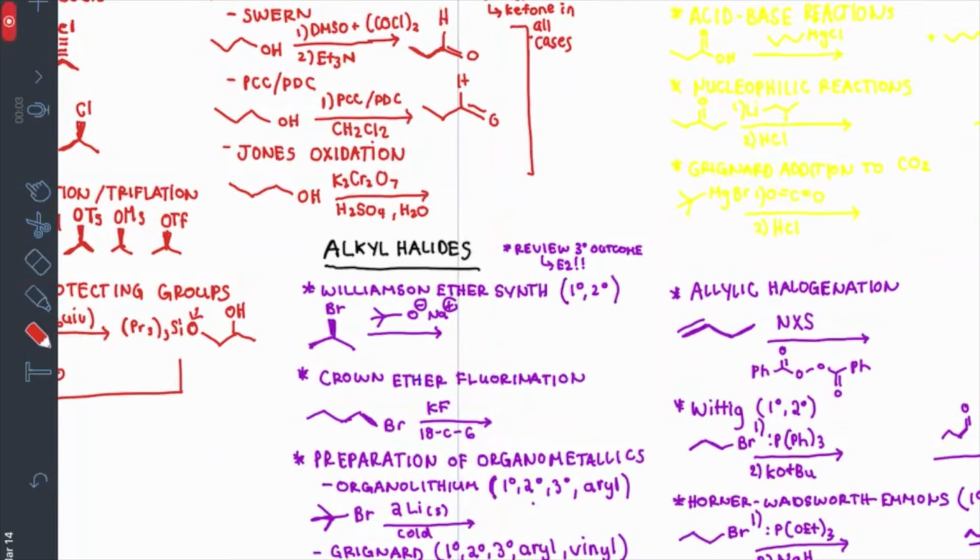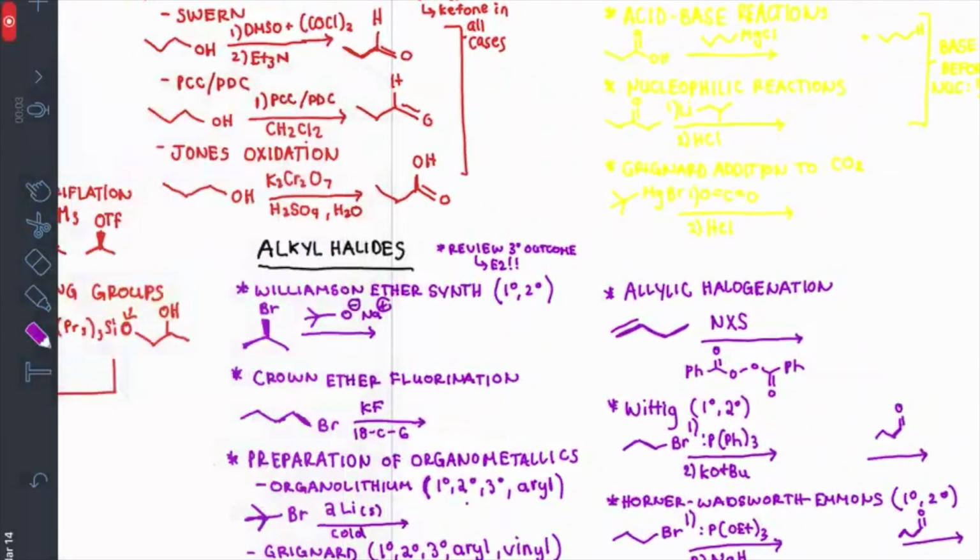But the main difference is that under Jones oxidation, we get a carboxylic acid. Okay. And then just as a reminder, these are all primary alcohols. However, for a secondary alcohol, right, we will go from a secondary alcohol to a ketone with Swern, PCC, PDC, and Jones oxidation. Okay.